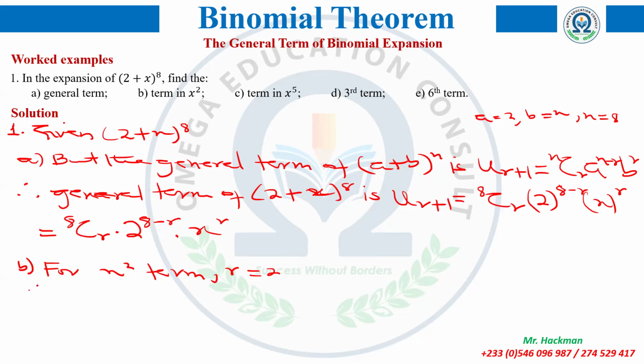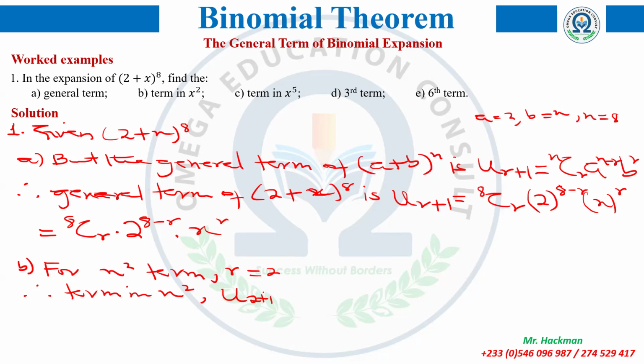So in this case, I'll write therefore, I was asked to find the term in s squared. So I'll write the term in s squared will be given by u sub, you said your r is 2, so that will give you 2 plus 1. As you mature, you do the 2 plus 1 mentally and write the 3 there.